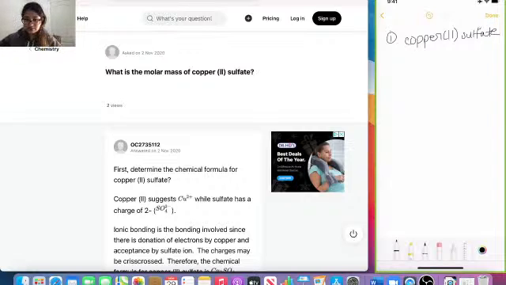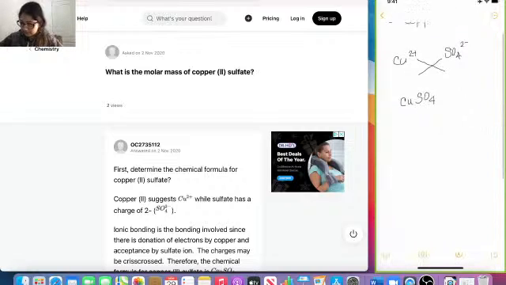Since it mentions copper II, copper has a charge of 2+, and sulfate has the opposite charge, which is negative 2. To get the formula, you just crisscross, and you get CuSO4. This is your chemical formula for copper II sulfate.